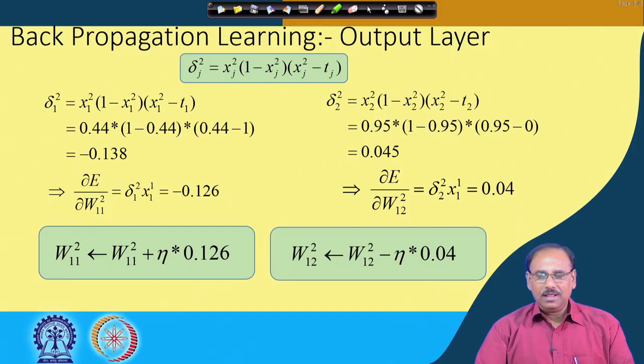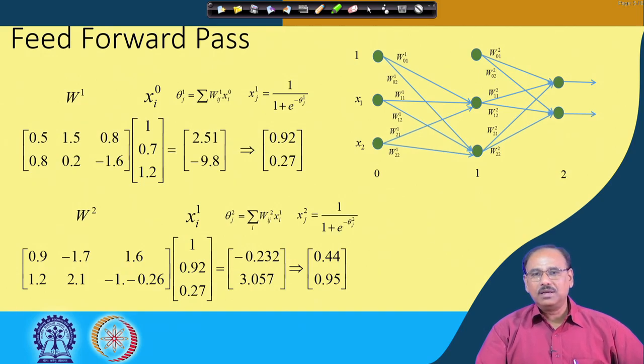You remember that my target vector was 1, 0, whereas the output that I have actually obtained after this forward pass is 0.44 and 0.95. That clearly says that I should update the weights in such a way that the first component of the output vector should increase and the second component should reduce. That means the output of the first node in the output layer should increase and the output of the second node in the output layer should reduce.